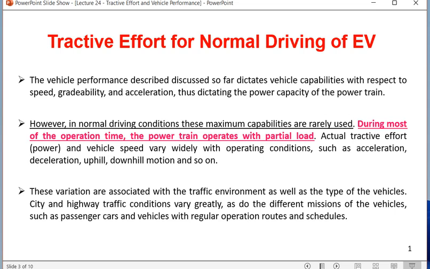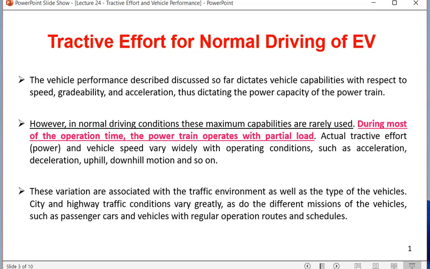Most important is regenerative braking: how it happens, how much regenerative braking energy is produced. We can check that while the vehicle goes downhill, moving forward and going downhill. So these are the testing conditions.